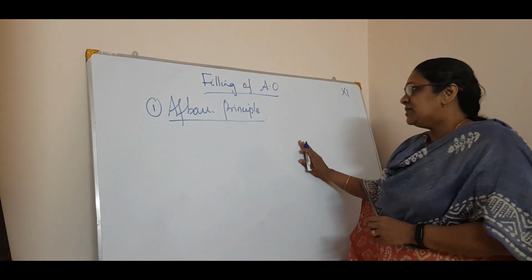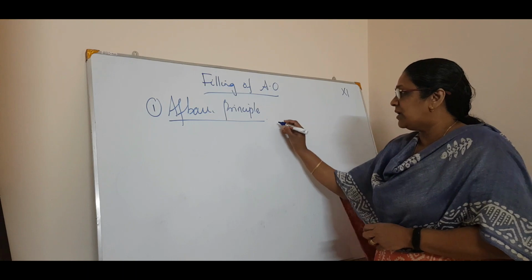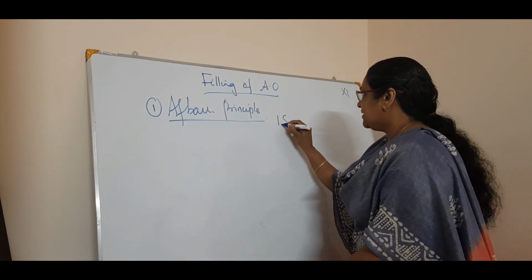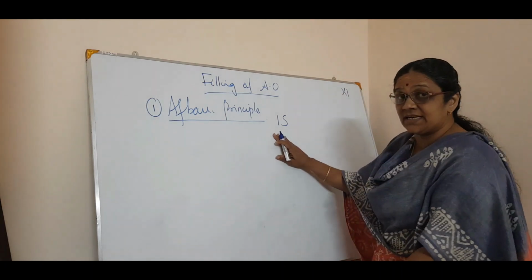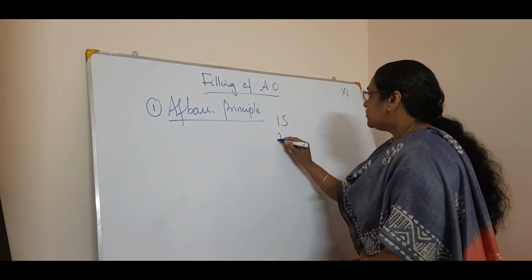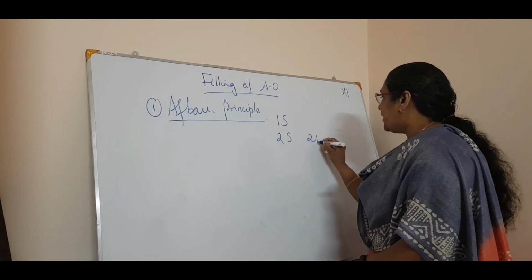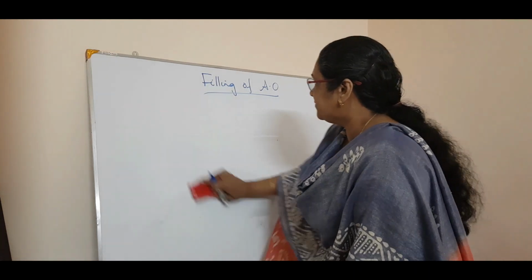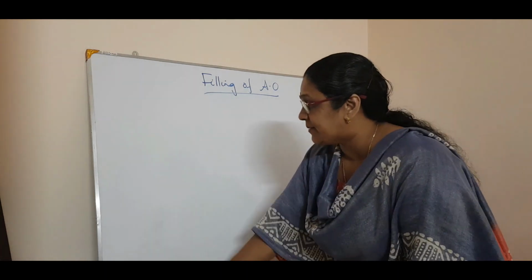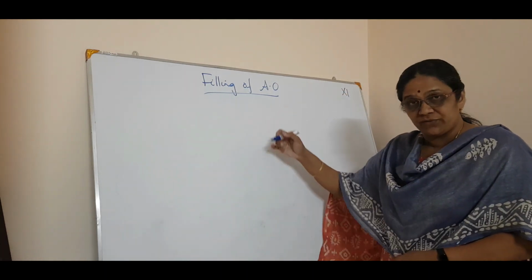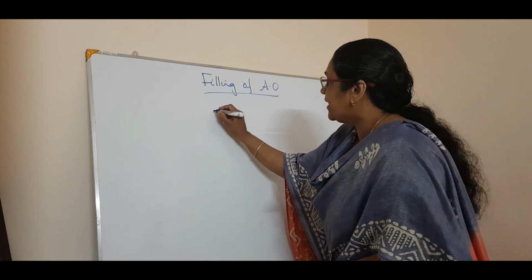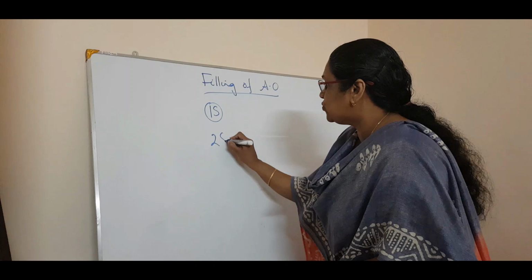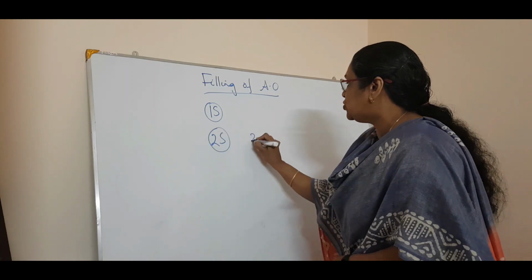According to the Aufbau principle, we will see how the energy of the orbital increases. First you have to draw 1s, then 2s, 2p. Here it is 1s, then here it is 2s and 2p.